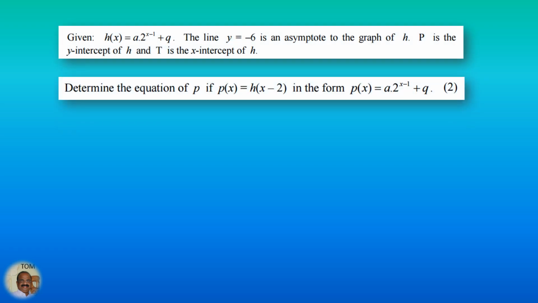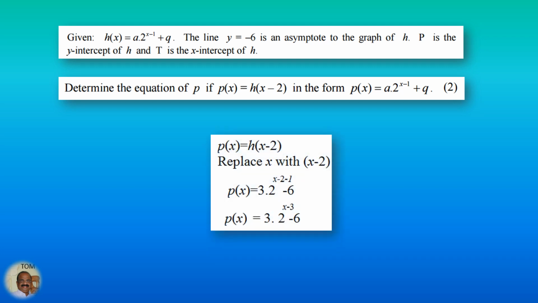Determine the equation of p if p of x is equal to h of x minus 2, in the form p of x equal to a times 2 to the power x minus 1 plus q. So we do have the equation. Now we have p of x is h of x minus 2. So what we do is we replace x with x minus 2.